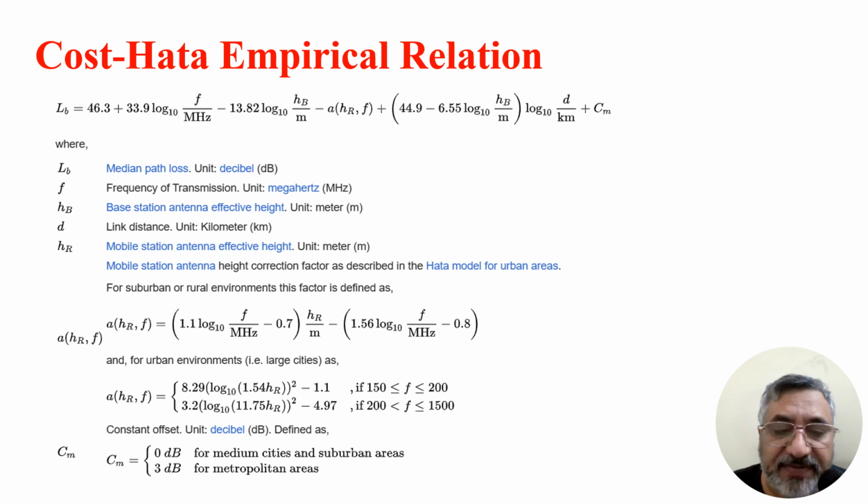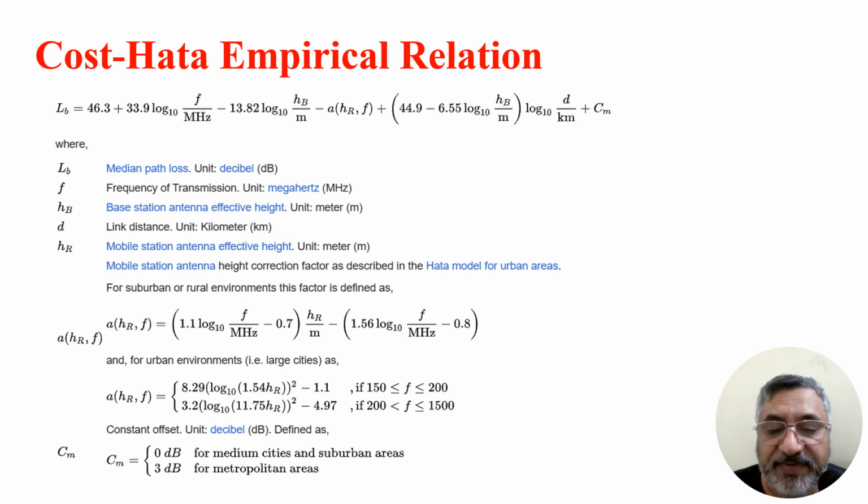A(HR, F) for rural areas is equal to (1.1 log F minus 0.7) HR minus (1.56 log F minus 0.8). For urban areas, we divide into two frequency ranges: one from 150 to 200 megahertz, and the other from 200 to 1500 megahertz.